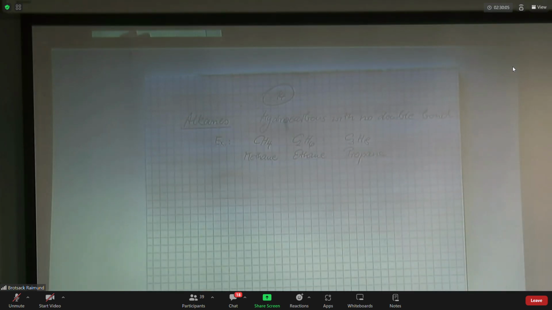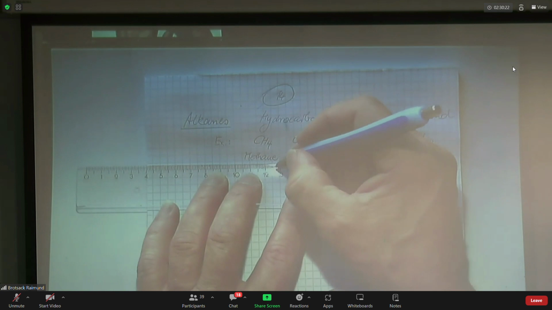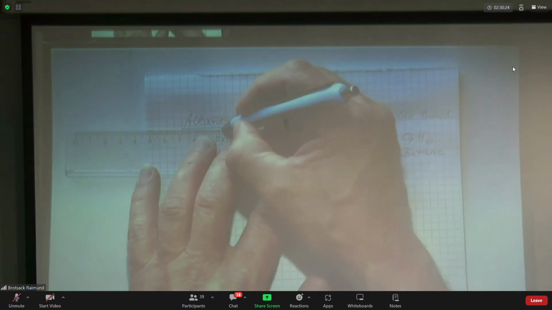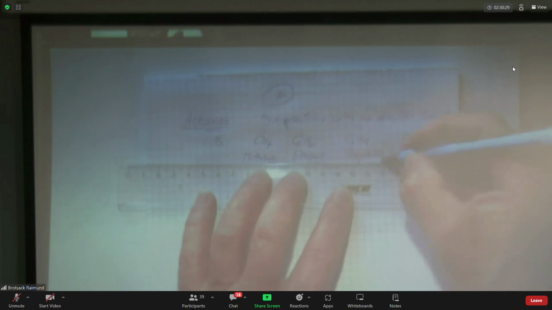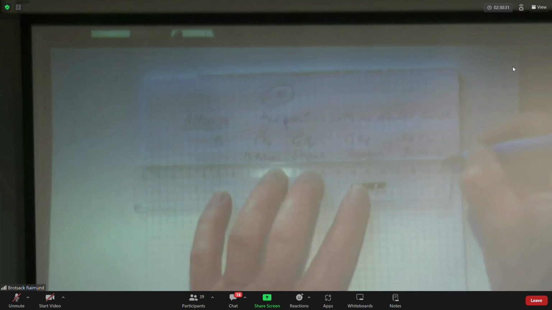What's the name of the next? Butane. So C4 and how many H? 10. So the common ending is -ane from alkanes: methane, ethane, propane, butane, pentane, hexane. So they go on.